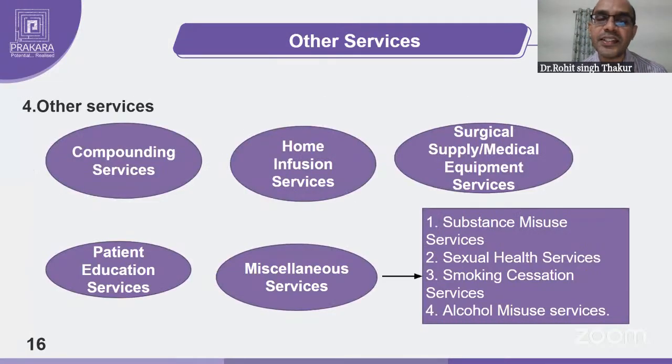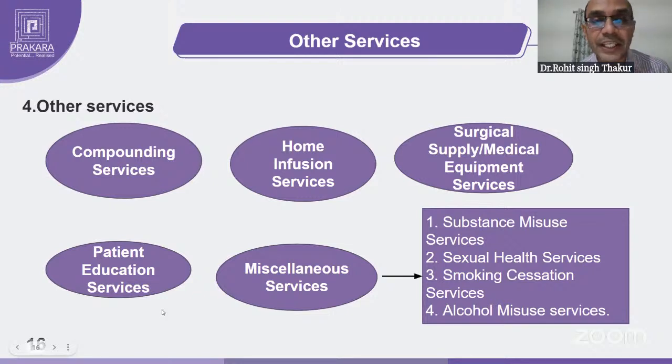Now, what are the other services? Other services broadly fall into the category of compounding services and home infusion services. They can be related to surgical supply or medical equipment services, as I have already discussed.